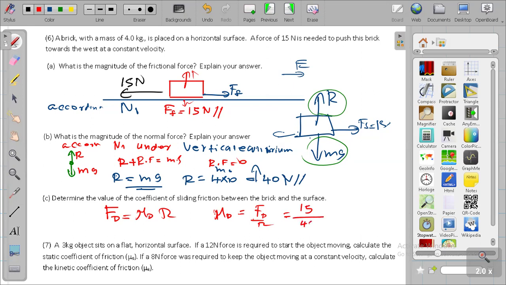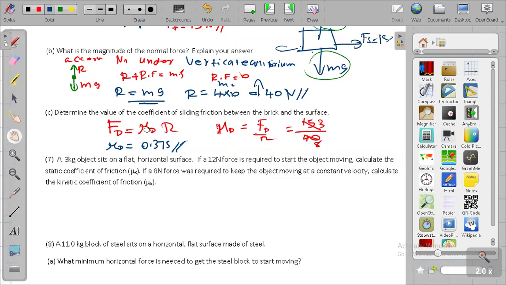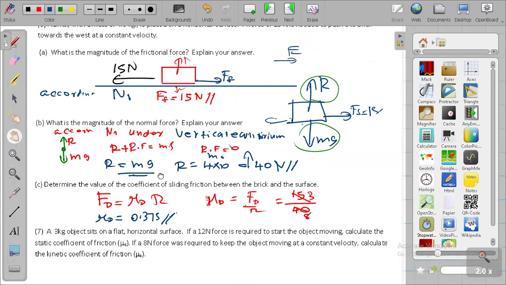Over 40. 3 over 8. Then dividing 3 by 2 gives 1.5 over 4, then 0.75 over 2, and dividing by 2 again gives 0.375. I believe these answers came out right. Okay kids, understood?